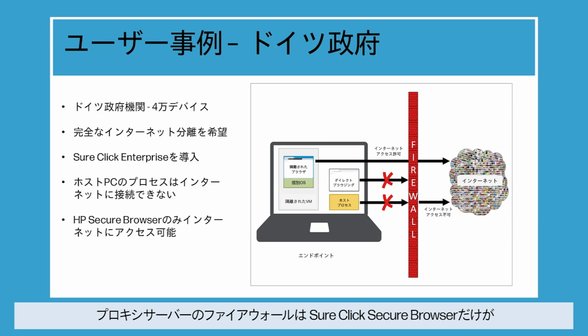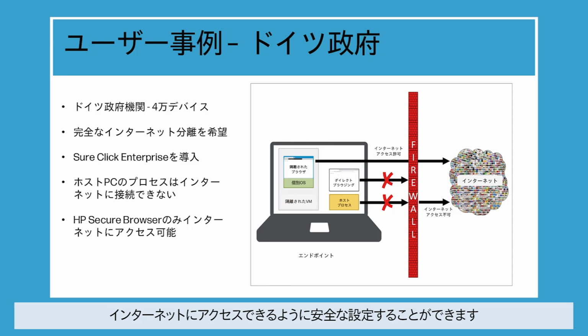And the firewall and the proxy servers can securely be configured to only allow the SureClick secure browser to get to the internet. And the SureClick secure browser, because it's running in a micro VM, isn't truly running on the person's PC. And if the website does something malicious, that malicious activity is isolated to the micro VM.